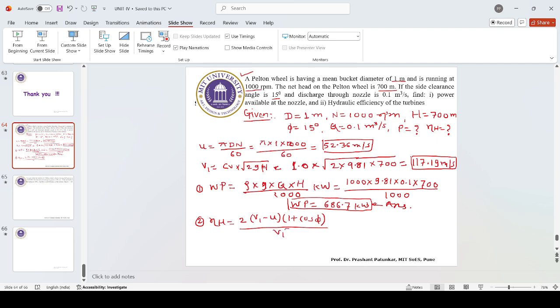If I multiply it by 100, I will get the hydraulic efficiency in percentage.